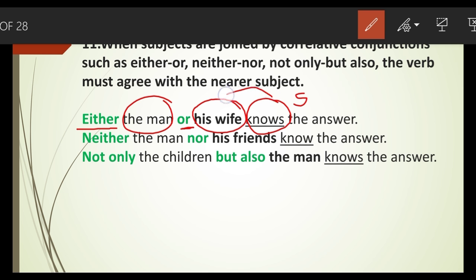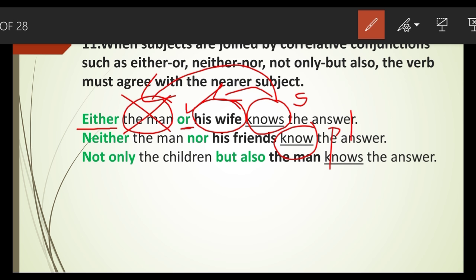Alin ba yung mas malapit sa kanilang dalawa? Siyempre, yung his wife. So, ito yung susundin natin, yung his wife. Etong the man, hindi natin susundin. So, yung his wife ay singular, so yung knows ay singular din. Next sentence, neither the man nor his friends know the answer. So, dito bakit no or bakit plural yung ating verb?